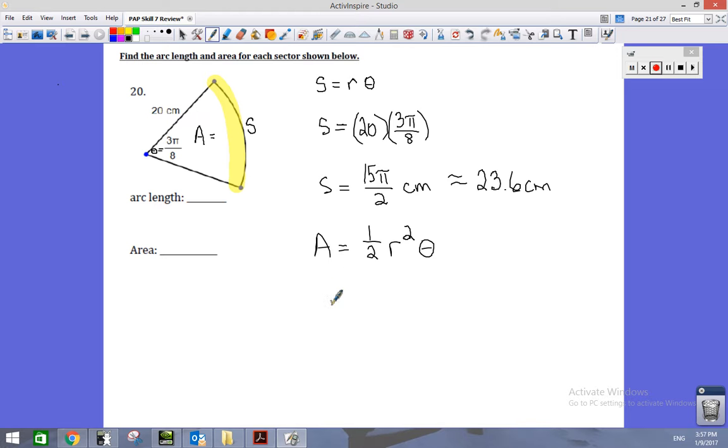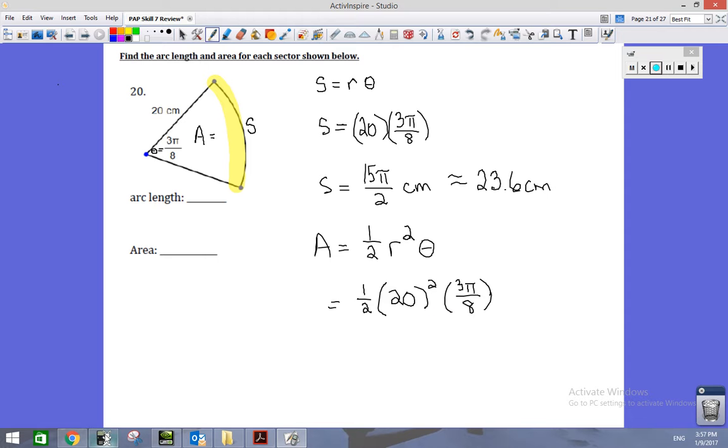So my area, 1/2, r is 20, so we'll take 20 squared. And then we've got 3 pi over 8.